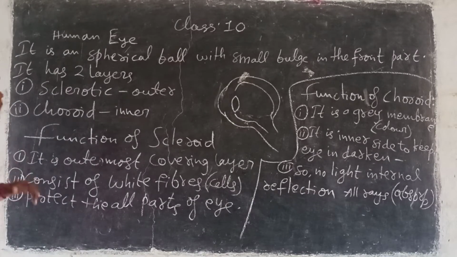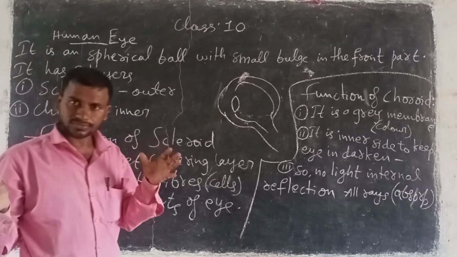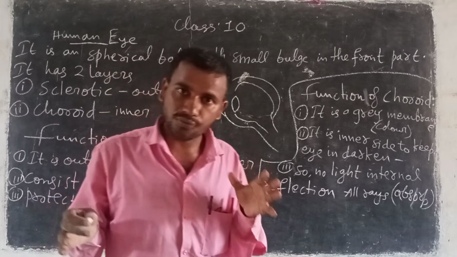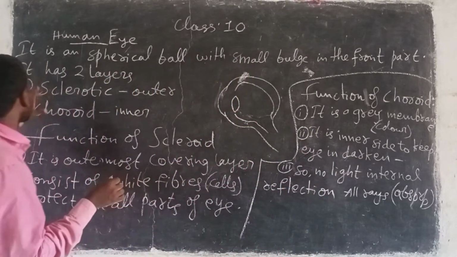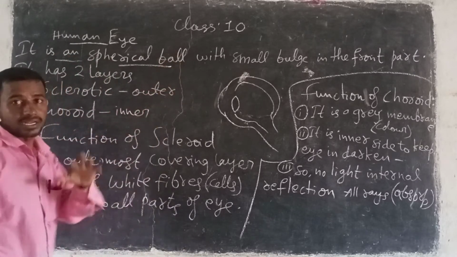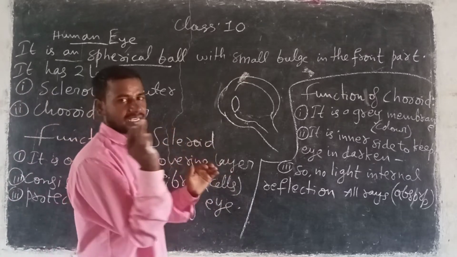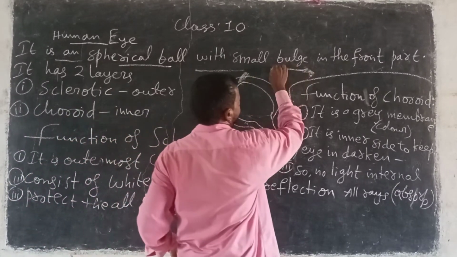After this, second concept: the human eye. What is the human eye, clearly? How is it made up, and what is its function? Look here. The human eye, very clearly, is a spherical ball with a small bulge.